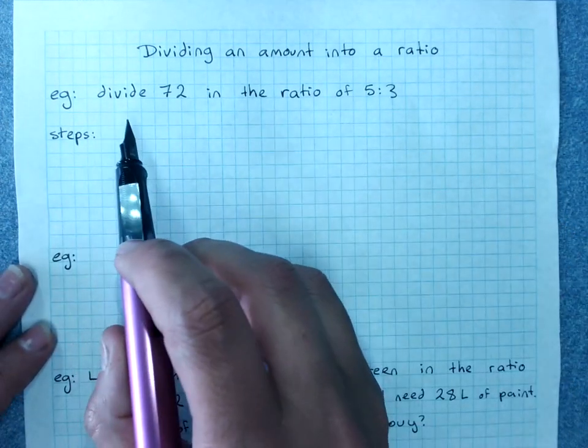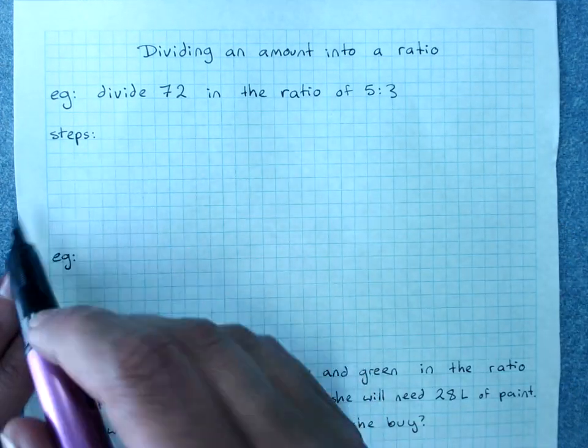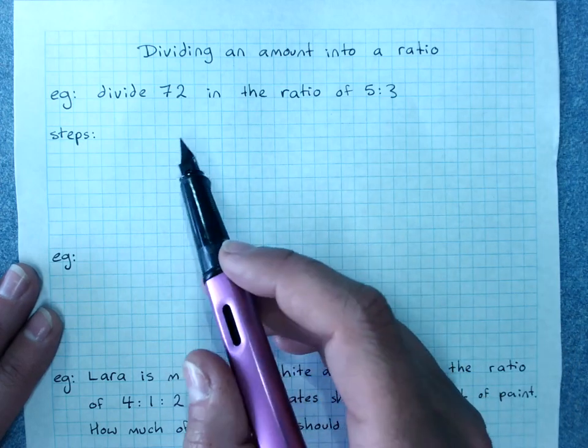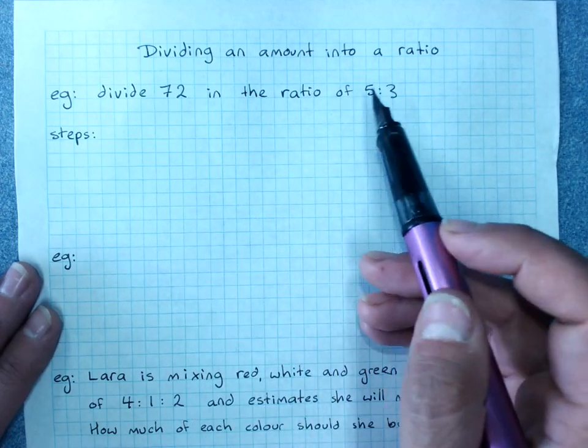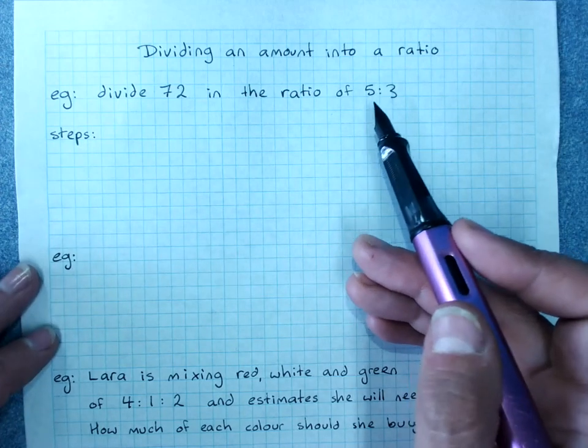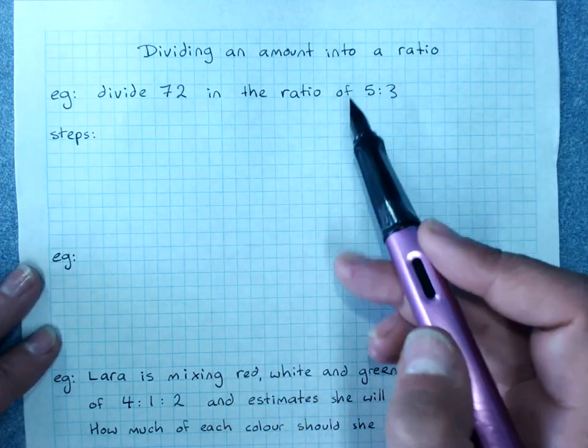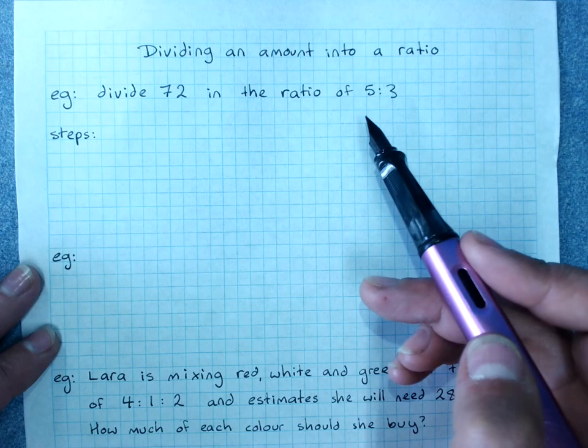And our steps are first to find out how many parts we're sharing it into in total. It's easy when you think about the money and the working, because it's quite obvious that this was paid to us for a total of 8 hours' work.